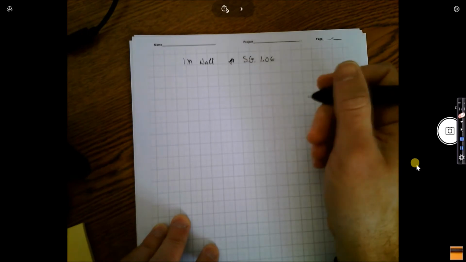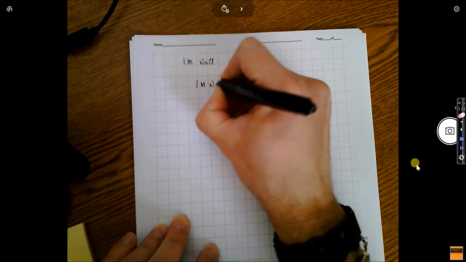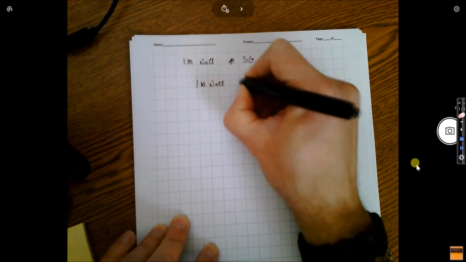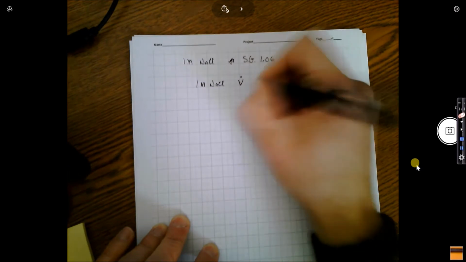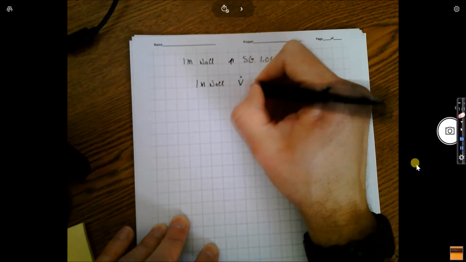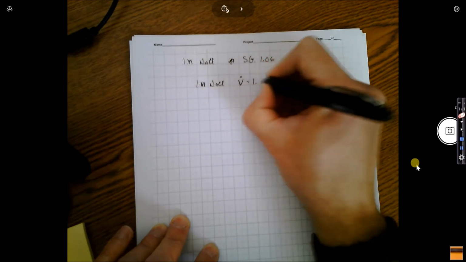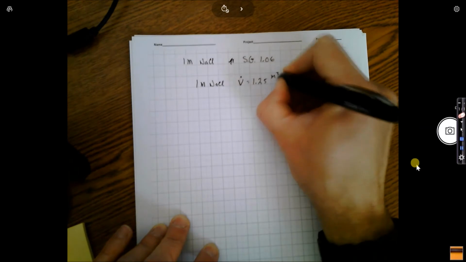Let's say we have this 1 molar solution, and it's flowing with a volumetric flow rate of, let's see, what's a good number, 1.25 cubic meters per minute.